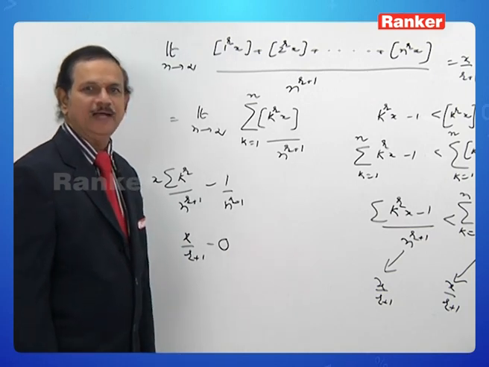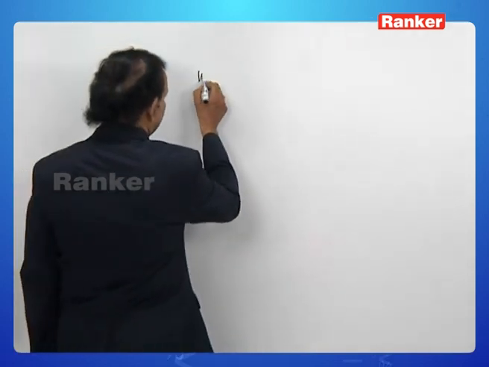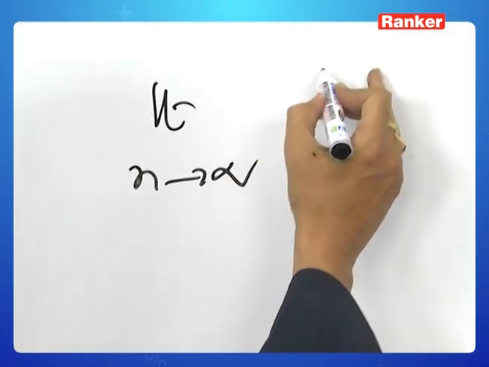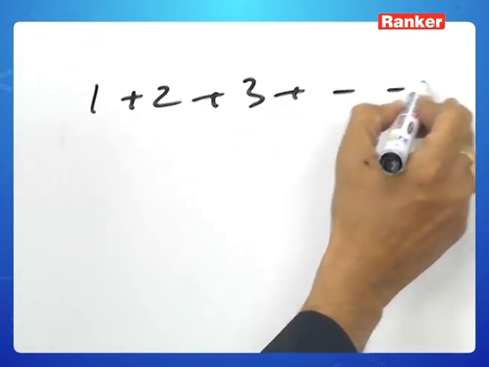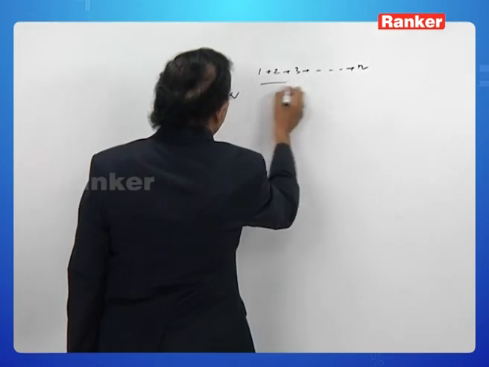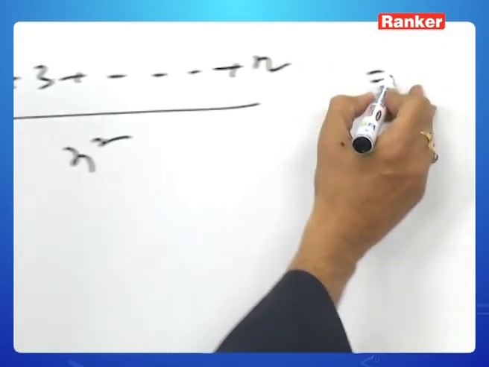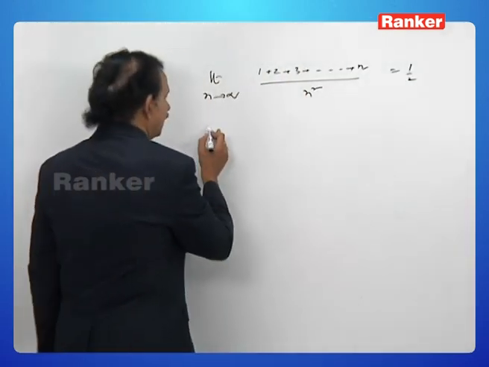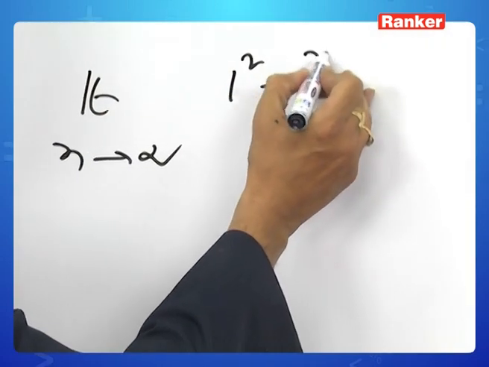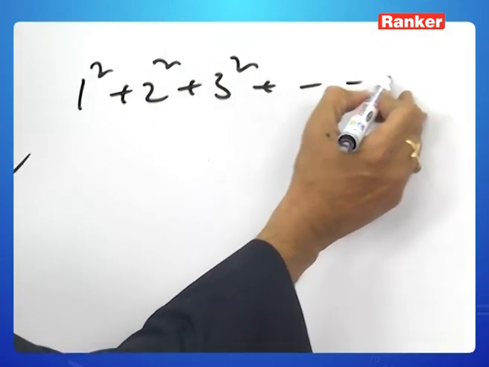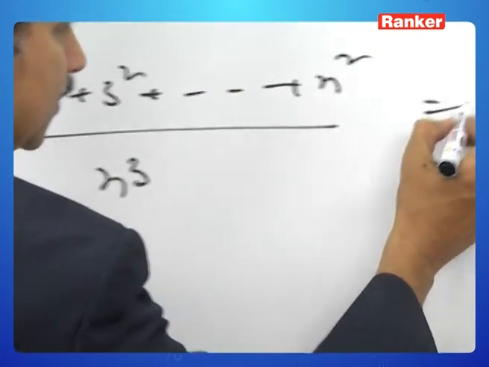Let us verify. From the earlier knowledge of limits, we know that limit as n tends to infinity of 1 plus 2 plus 3 plus etc. plus n by n square is 1 by 2. Limit as n tends to infinity of 1 square plus 2 square plus 3 square plus etc. plus n square by n cube is 1 by 3.